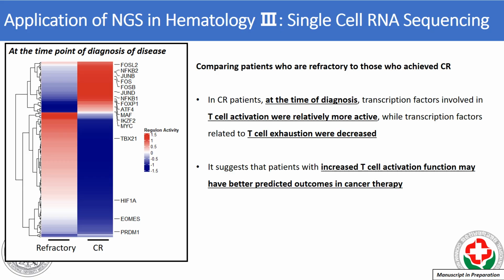This data included good responders as well as non-responders to the chemotherapy. I focused on the time point of diagnosis and wondered what makes the chemotherapy response different. Patients who reached complete response show higher T cell activation capacity at baseline, whereas those who were refractory to the disease show a more exhausted-like T cell feature.